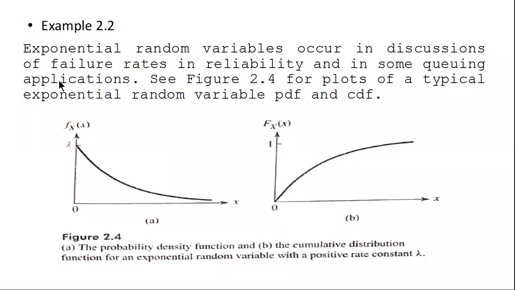Queuing applications might be anything: standing in a queue to buy a railway ticket, to catch a train, to go in a bus, or to see a movie, whatever it is. Under those conditions also it is the exponential distribution which works out. So f_X(x) is decreasing continuously and exponentially, and capital F_X(x), which is the CDF, will be continuously increasing. If you integrate this, you get this. If you differentiate this, you get this.